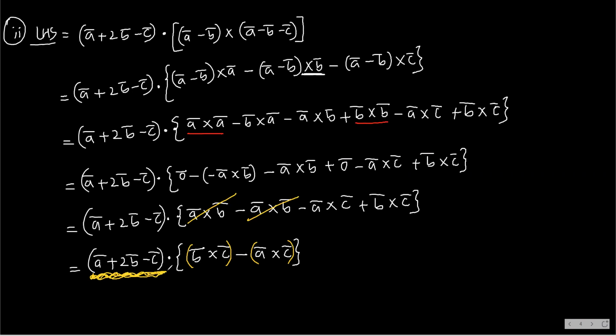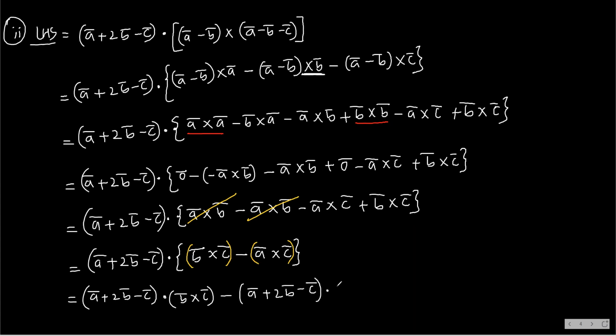So you will distribute dot over difference, and that will be the final step. So here you will have a bar plus 2b bar minus c bar dot b bar cross c bar, minus again a bar plus 2b bar minus c bar dot a bar cross c bar.